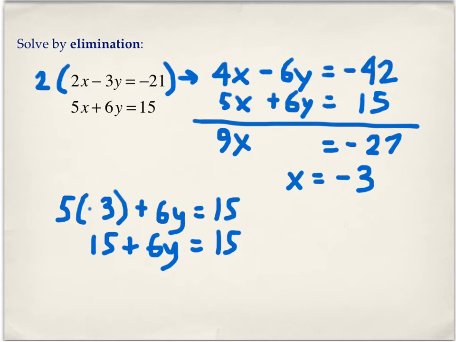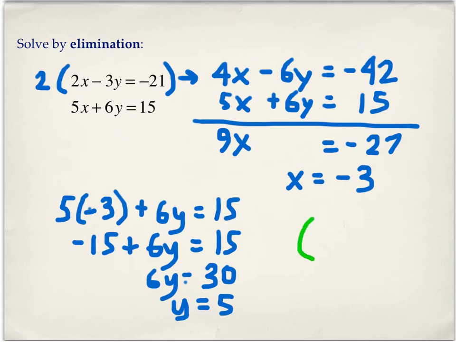That's negative 3, isn't it? So negative 15 plus 6y equals 15. Add 15 to each side. So 6y equals 30, and y equals 5. So my solution here for my ordered pair is negative 3, 5.